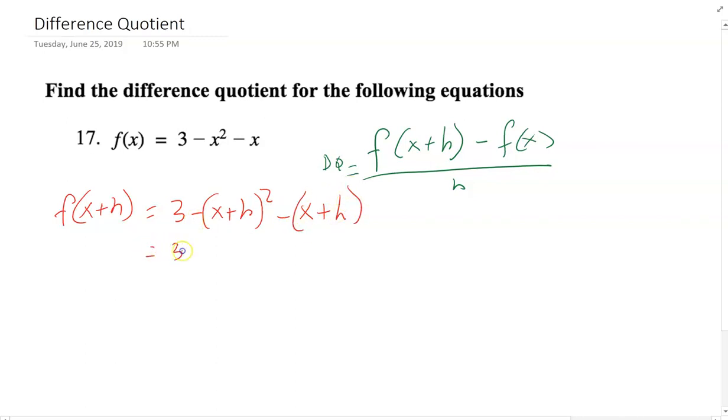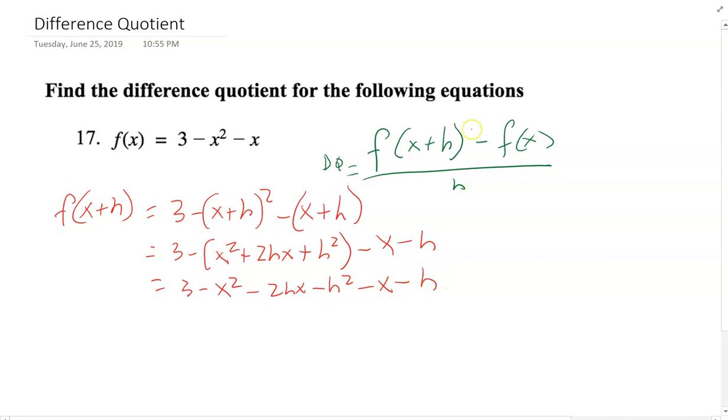So that's going to be 3 minus x squared plus 2hx plus h squared minus x minus h, and let's continue working this down. 3 minus x squared minus 2hx minus h squared minus x minus h, and we plug these in.